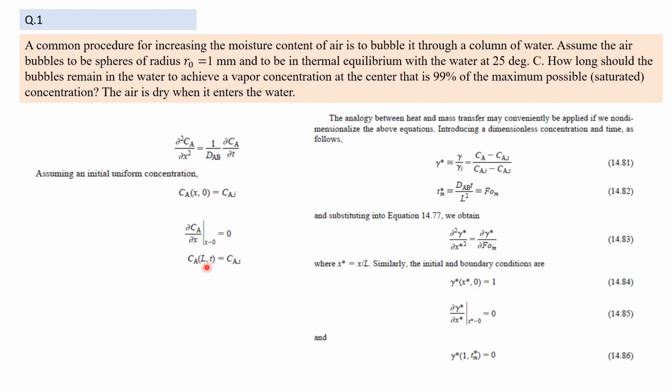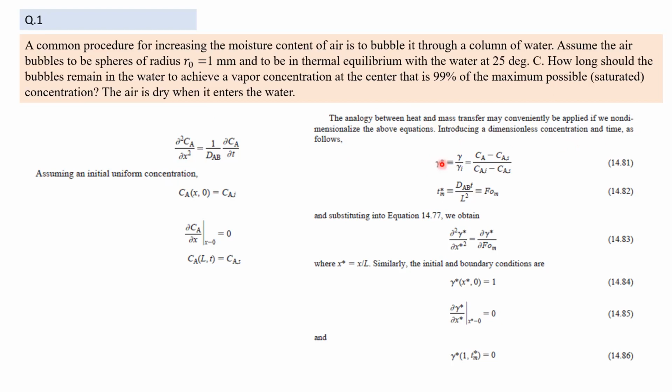These are the boundary conditions of a general transient diffusion equation at a particular distance. Now we should apply that to our problem. This question could be well understood if we understand the analogy between heat and mass transfer. To solve this problem, one approach is introducing a dimensionless concentration and time as follows.